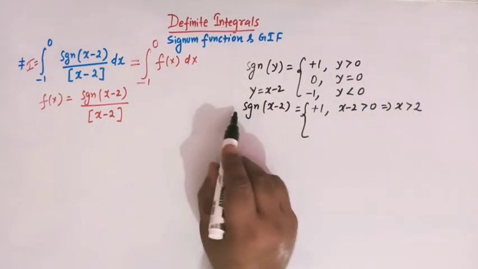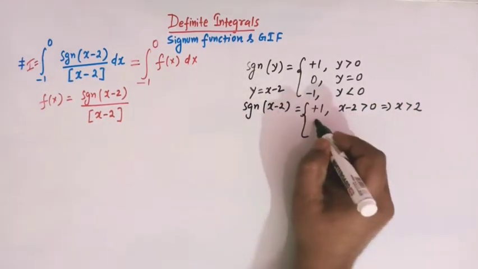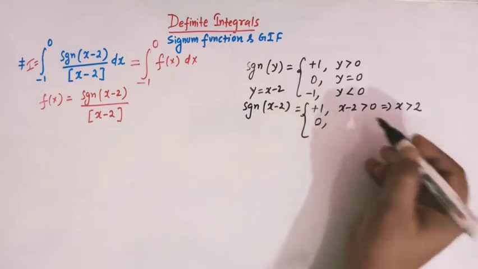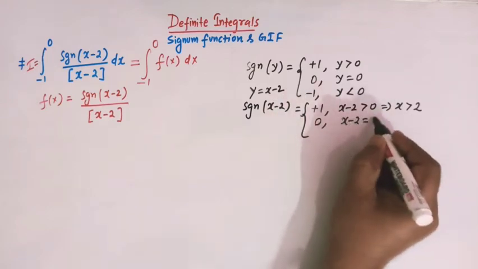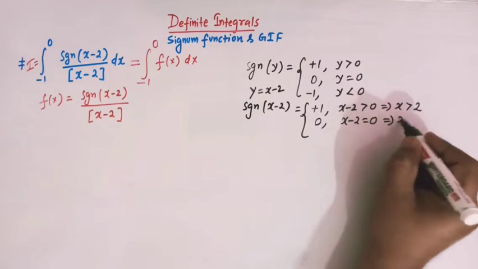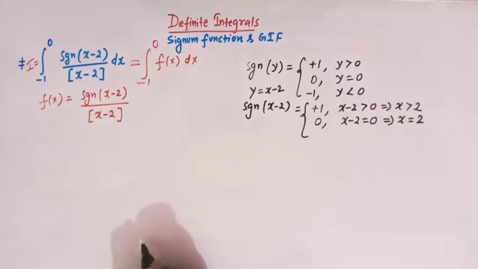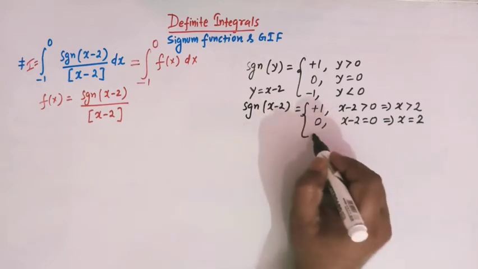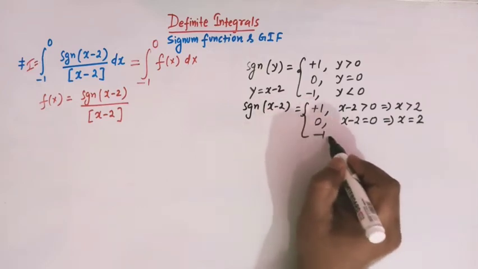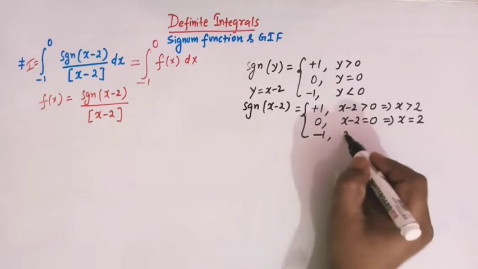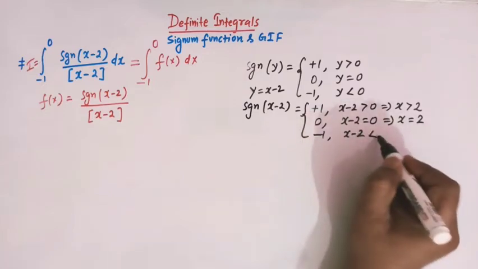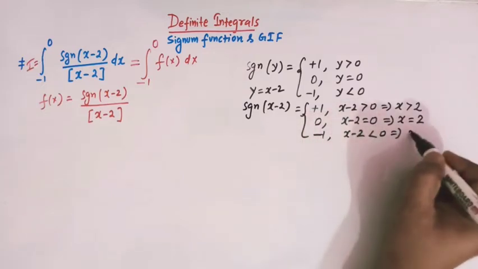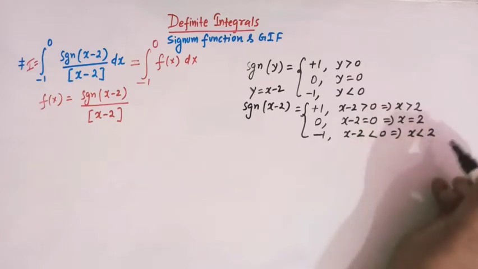Signum of x minus 2 is equal to 0 whenever x minus 2 is equal to 0, which implies x is equal to 2. And signum of x minus 2 is equal to -1 whenever x minus 2 is less than 0, which implies x is less than 2.